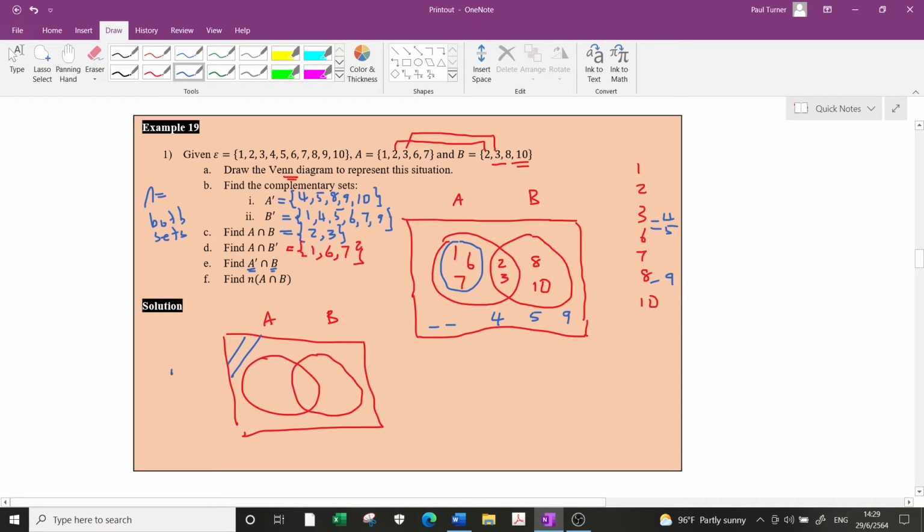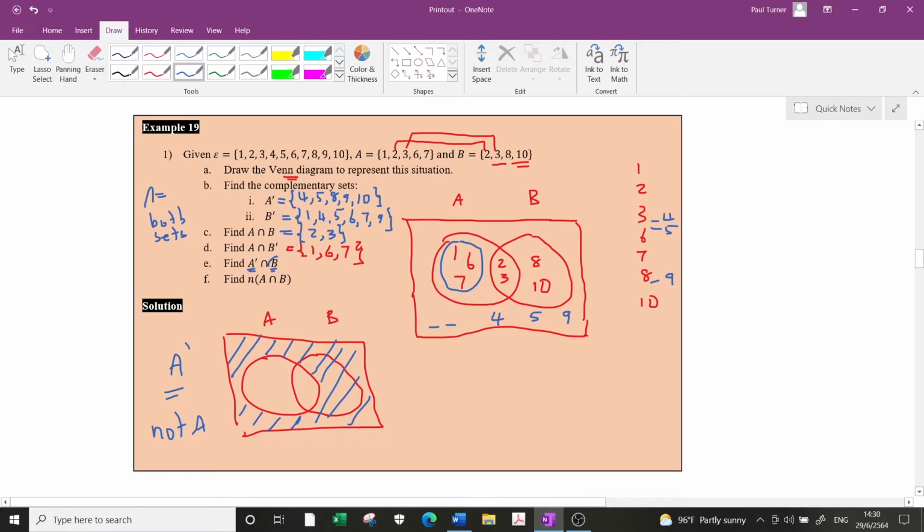Not A is in blue here. So you can go into B, I just don't want to go into A. So avoid going into A, but you can go everywhere else.